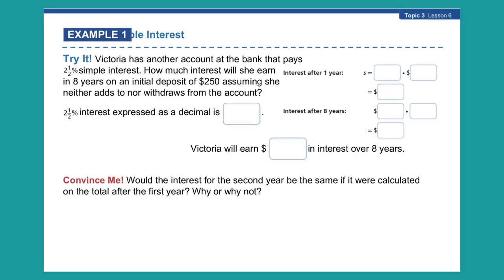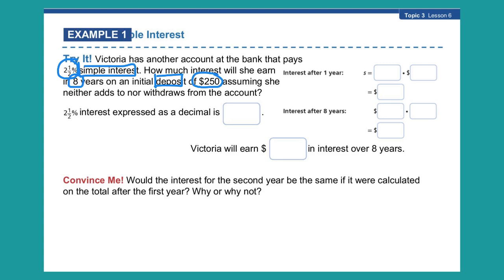This is the try it on the bottom of page 180. Victoria has another account at the bank that pays 2.5% interest, simple interest. How much interest will she earn in 8 years with an initial deposit of $250, assuming she neither adds to nor withdraws from the account?